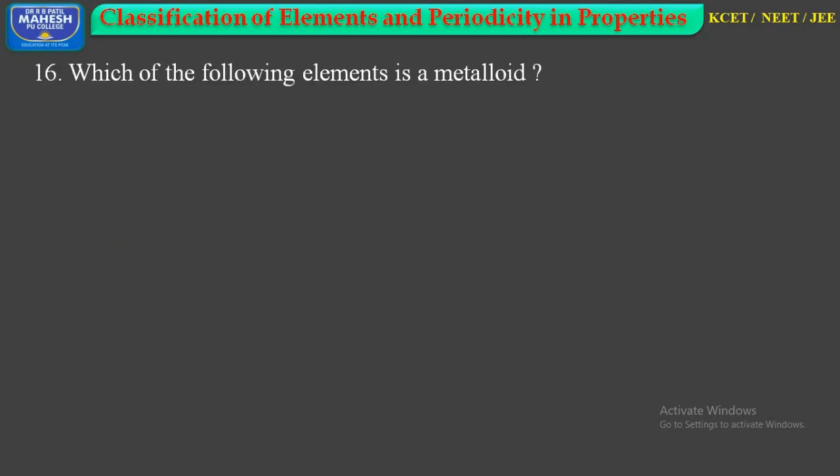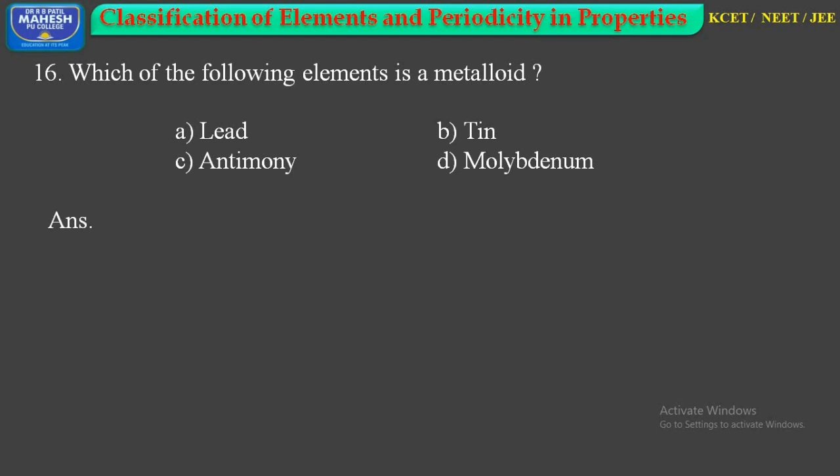Question 16. Which of the following elements is a metalloid? And options are option A, lead, option B, tin, option C, antimony, and option D, molybdenum. Students, in the question they are asking you about which is the element which is a metalloid. We need to understand meaning of metalloid first.